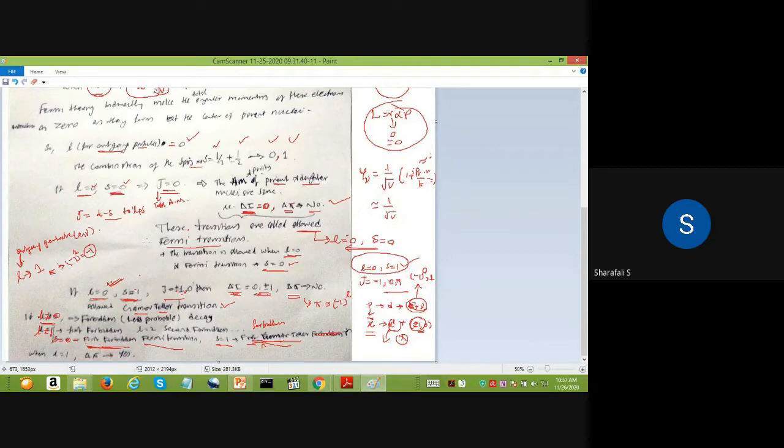So there is a parity change associated with the outgoing particle, which means that there should be a change in the daughter nuclei also. Then only the parity will be conserved in that reaction. So when L equal to 1, there is a parity change between the parent and daughter nuclei.